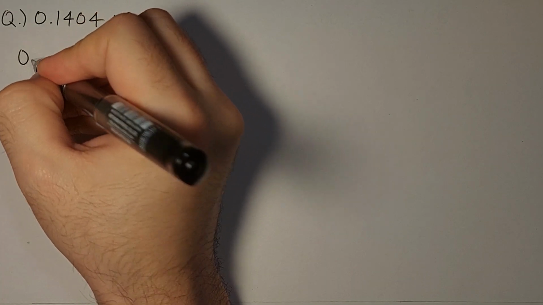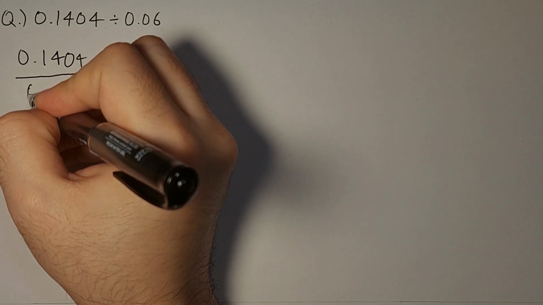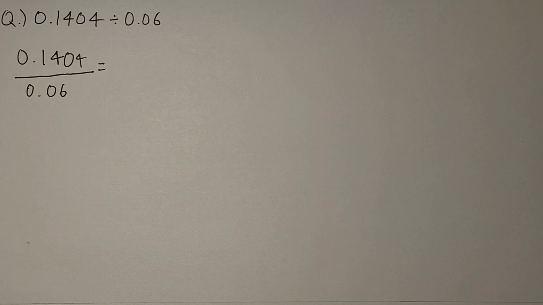Our next question is 0.1404 divided by 0.06. In order to make the denominator a whole number, we will have to multiply 0.06 by 100 so that the decimal point moves 2 places to the right, 1 and 2, and we will multiply the numerator with the same number.